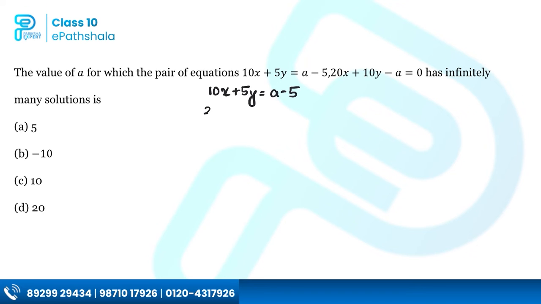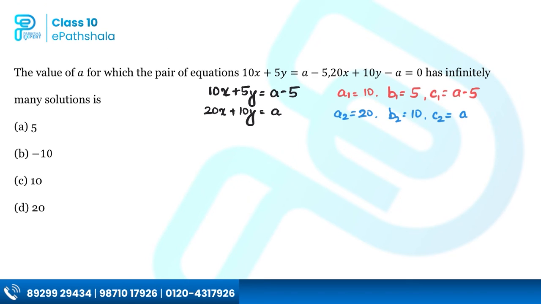For the second, we write 20x plus 10y is equal to a, shifting the minus a to the right hand side. So a1 is 10, b1 is 5, and c1 is a minus 5. For the second line, a2 is 20, b2 is 10, and c2 is a.